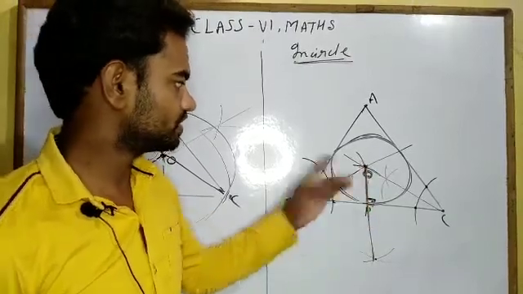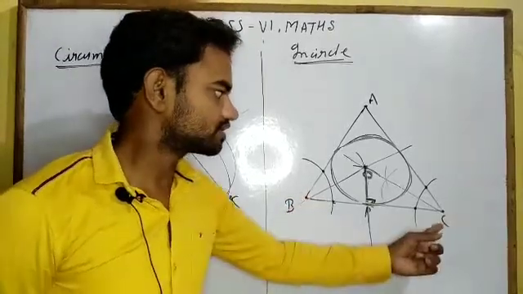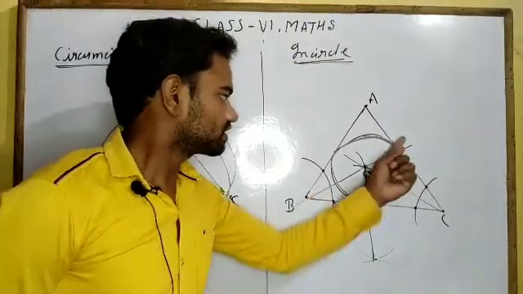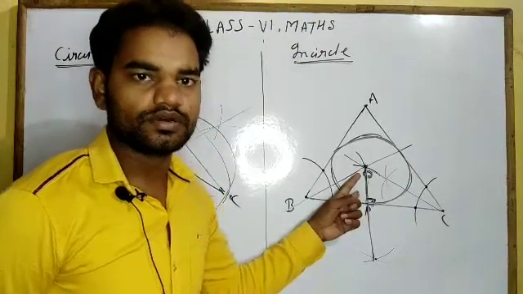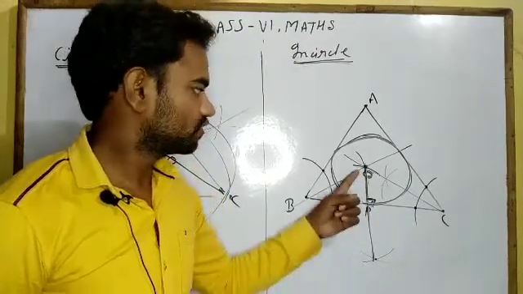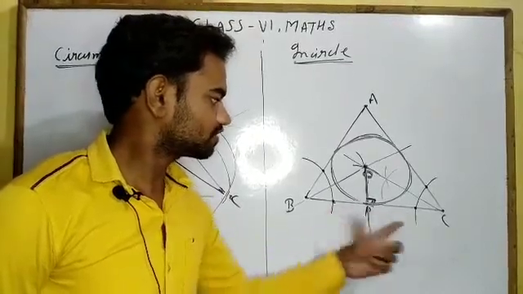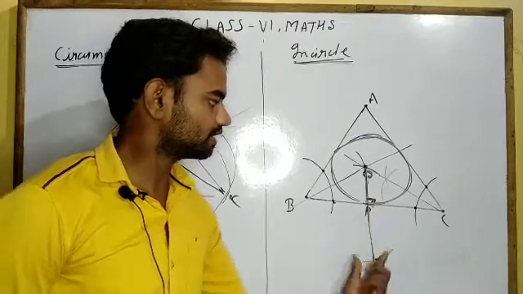In the incircle, first of all we have to find the origin, then the radius. To find the origin, take two bisectors of angle B and C. Both bisectors intersect each other at the point O. This point O is the origin. Now the radius. In order to find the radius, take the perpendicular from O to BC.